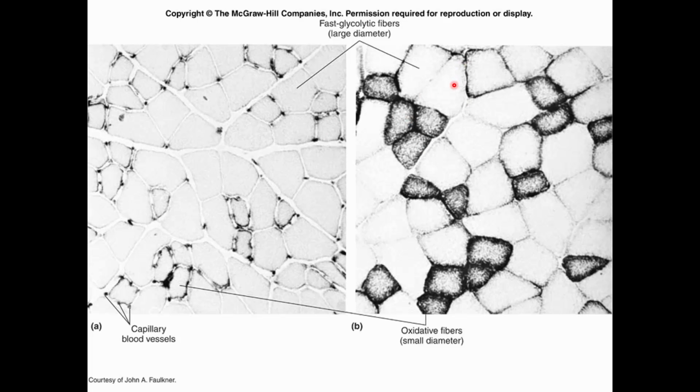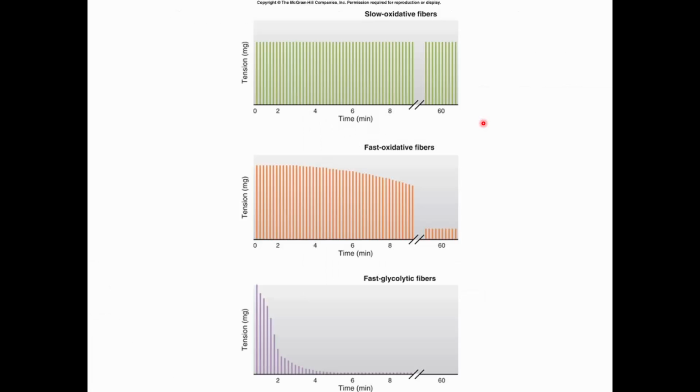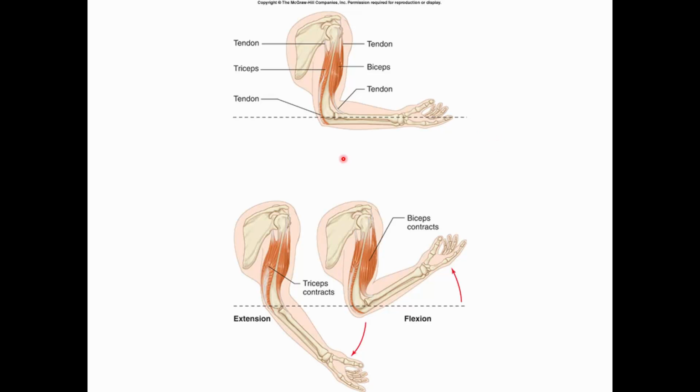They're faster, they're stronger. They actually have a myosin that hydrolyzes ATP much faster, and that's what makes them so fast. They're going to use lots of glycolytic enzymes, and they're going to use glucose as a substrate, so we'll think about that.